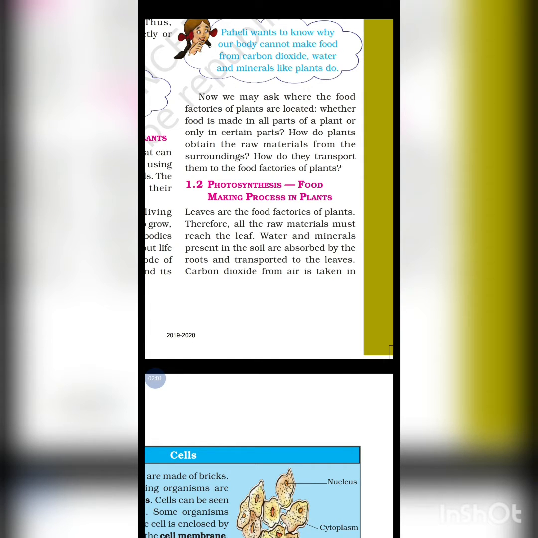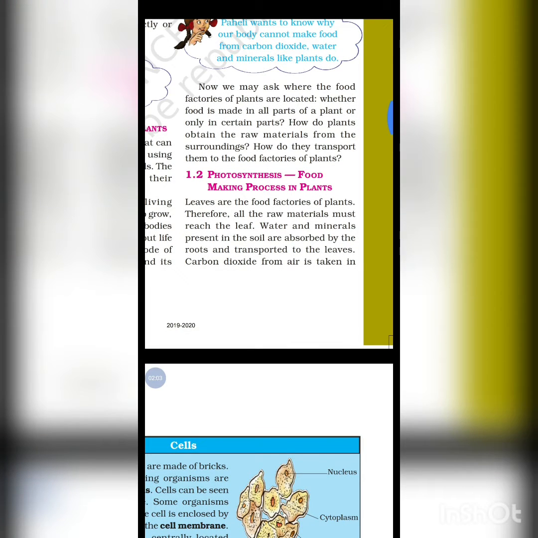Next, water and minerals present in the soil are absorbed by the roots and transported to the leaves. Now, we have learned in our first para that plants need carbon dioxide.